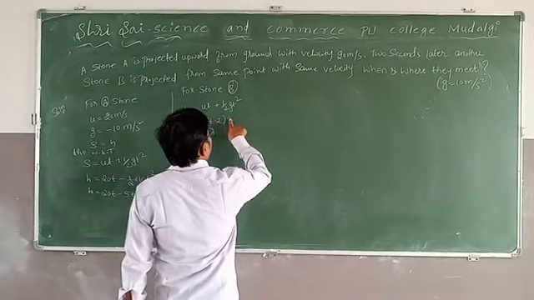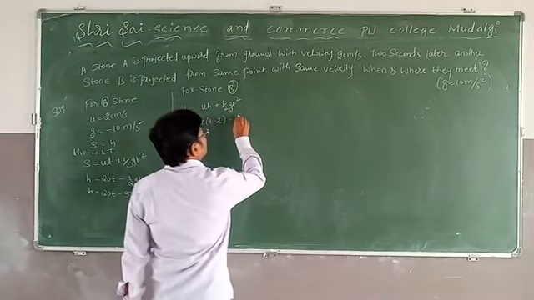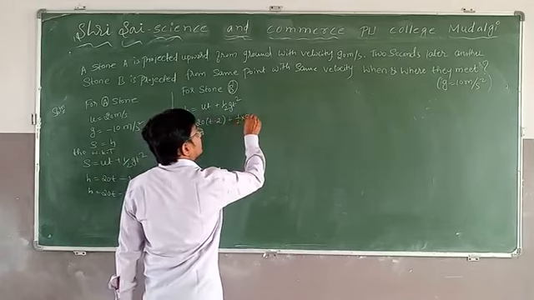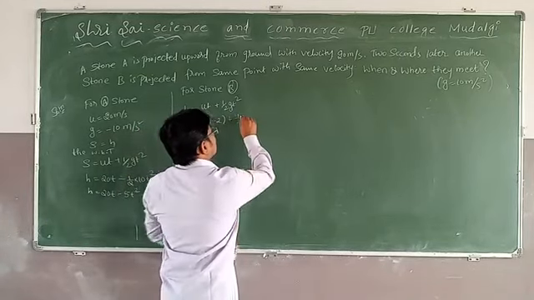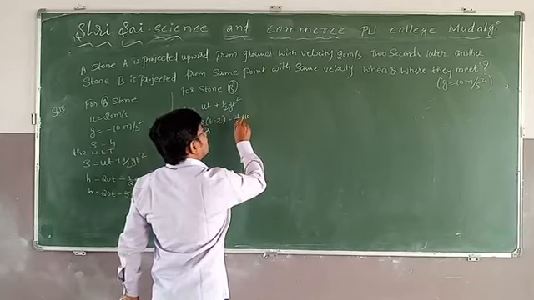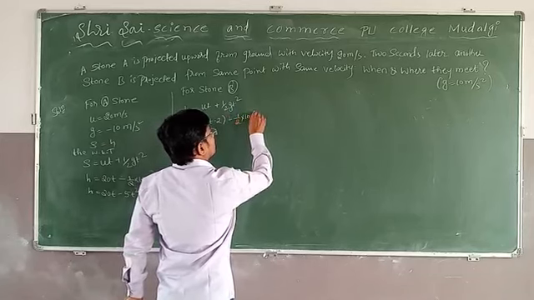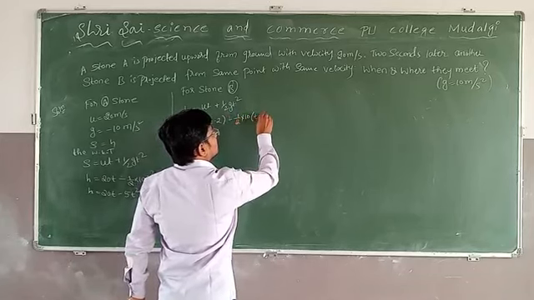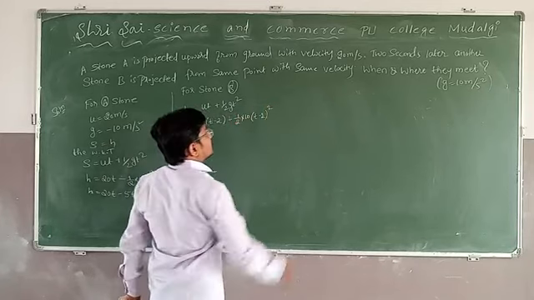Here minus 1 by 2 into 10 into t minus 2 whole square.